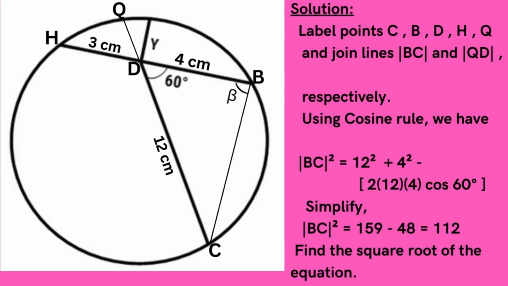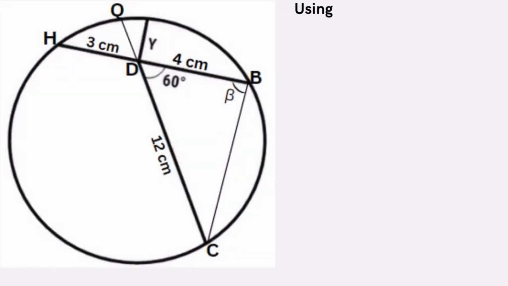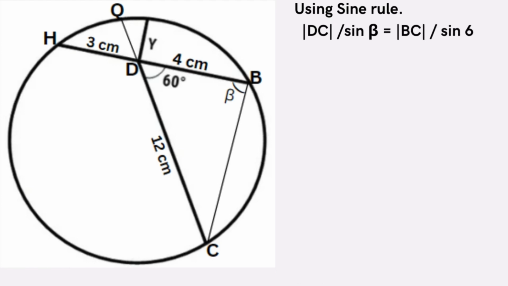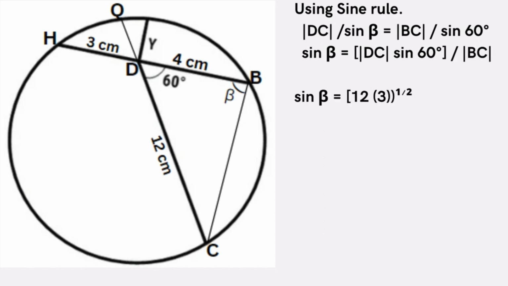Find the square root of the equation. Using sine rule, substitute values and simplify, we have that angle beta equals the arcsine of the product of 3 divided by 2 and the square root of 3 divided by 7.